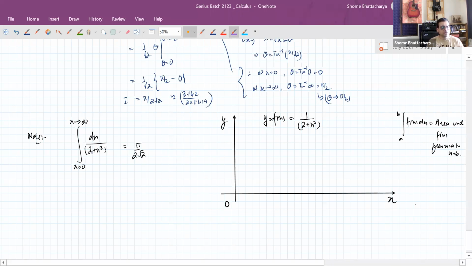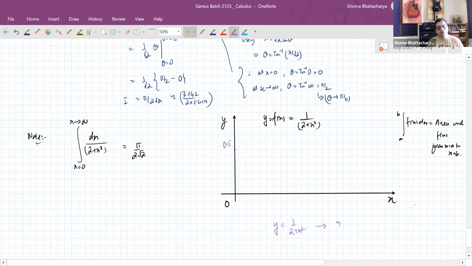In this particular case, the function is such that if we take the value of y at x equal to 0, it's equal to 1 by 2. So let's say this is 0.5 or half. Then if x is increasing, y is decreasing, such that as x tends to infinity, y tends to 0. So y is equal to 1 upon 2 plus x square.